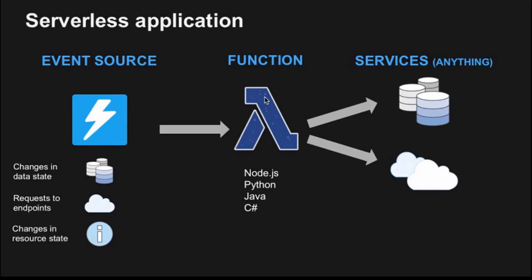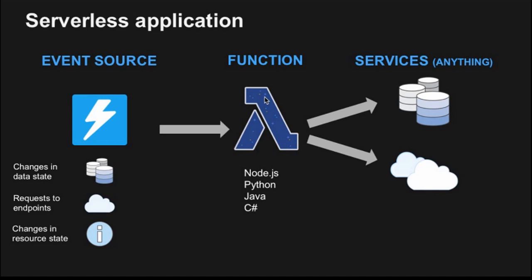In a typical serverless application, AWS Lambda is at the core. AWS Lambda is our fully managed, highly scalable function as a service. In this particular case, we support several languages, several variants and versions of Node.js and Python, and Java and C#.